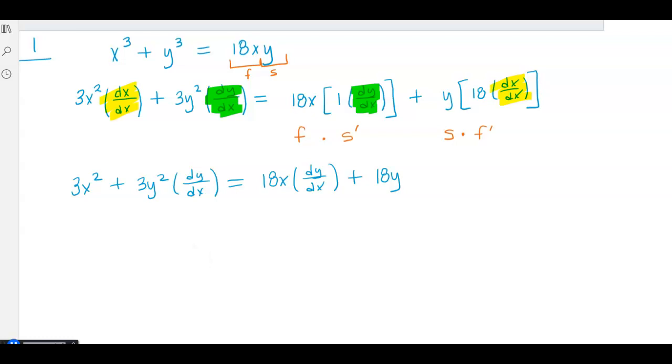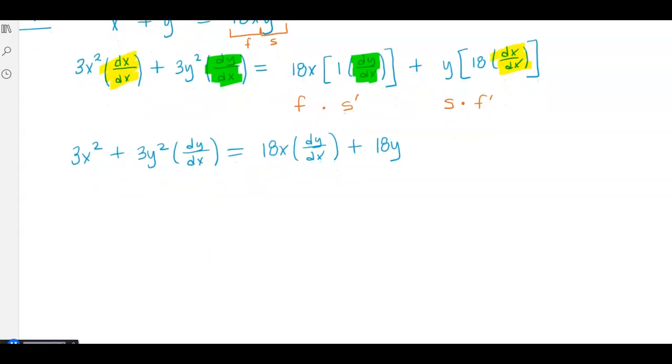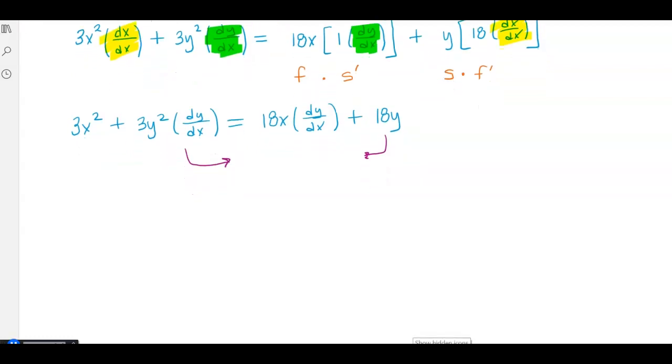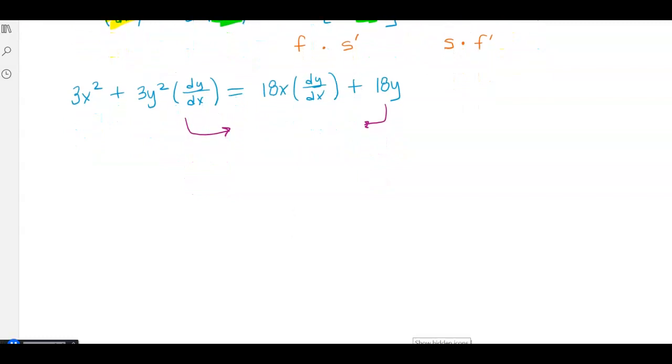Okay, I'm going to move this term over to the left, and I'm going to move this term over to the right so I can collect the dy/dx's. So we'll have 3x squared minus 18y, and then I have 18x dy/dx minus 3y squared dy/dx.